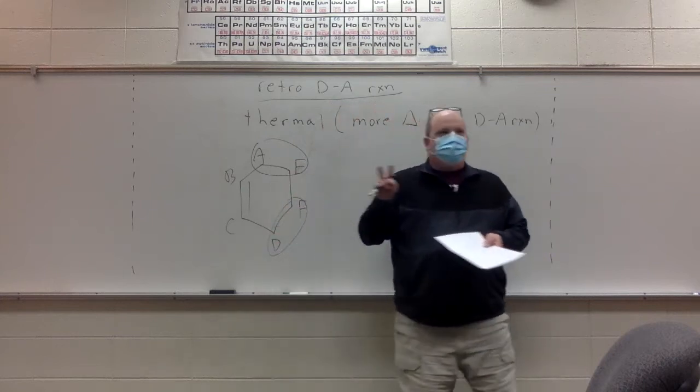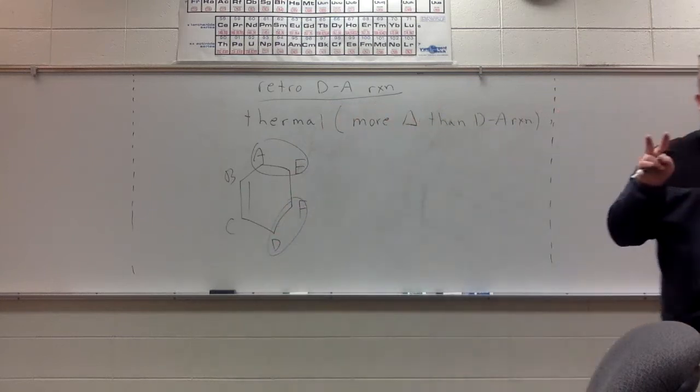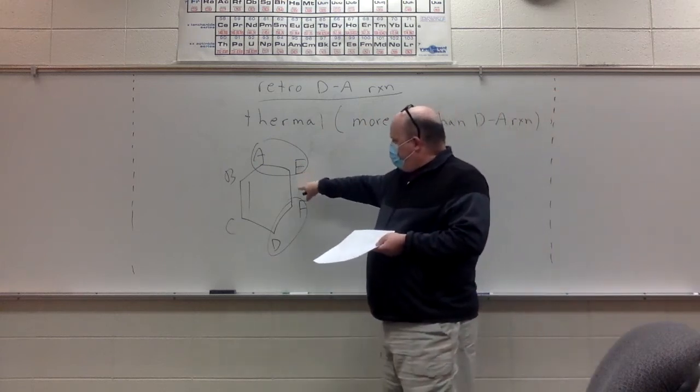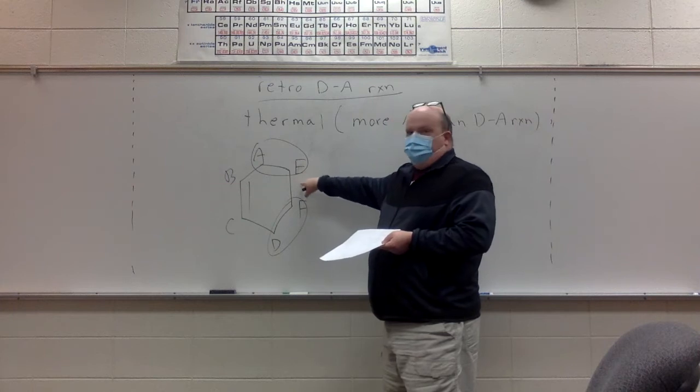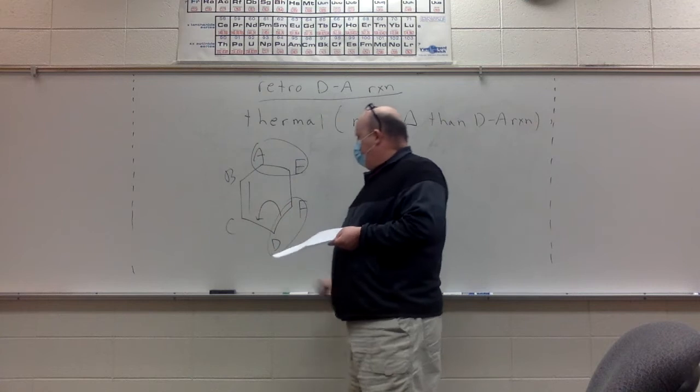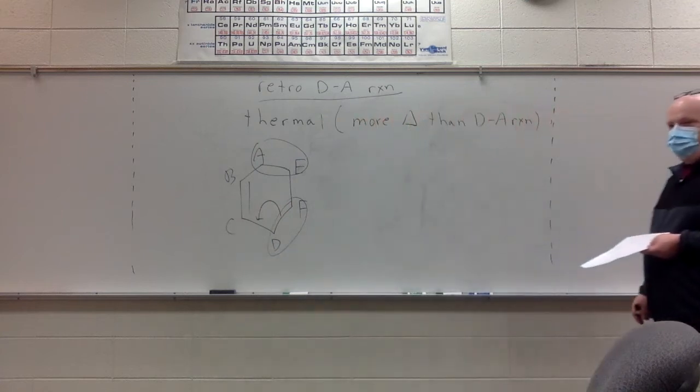Always remember, 2 of your carbons came from the dienophile, the other 4 came from the diene, right? The 2 carbons from your dienophile have to be connected. So this sigma bond's going to break. The electrons are going to go over there.